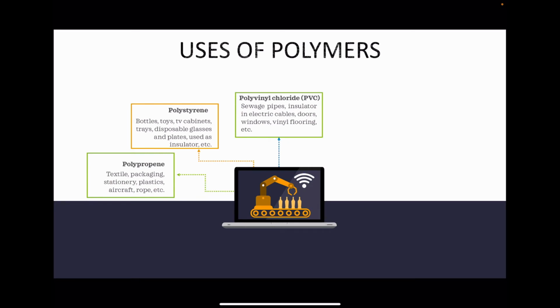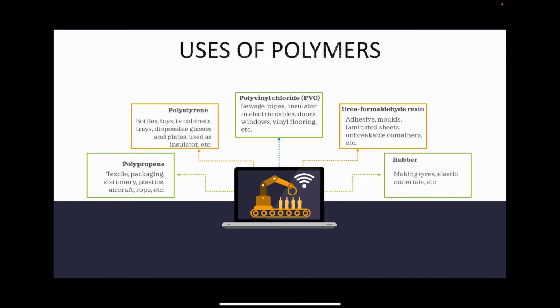This polymer has been used in the production of sewage pipes, insulator in electric cables, doors, windows, vinyl floorings, and the urea formaldehyde resin. These polymers have been used in the production of adhesive, molds, laminated sheets, unbreakable containers. For rubbers, these polymers have been used in the making of tires, elastic materials, and so on.